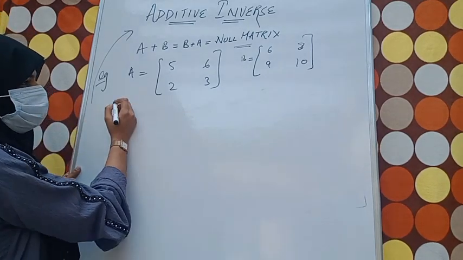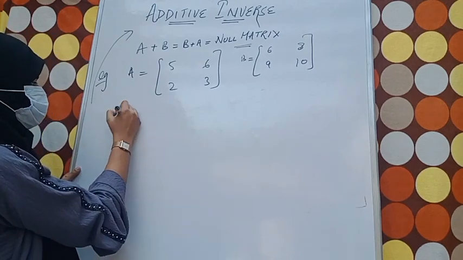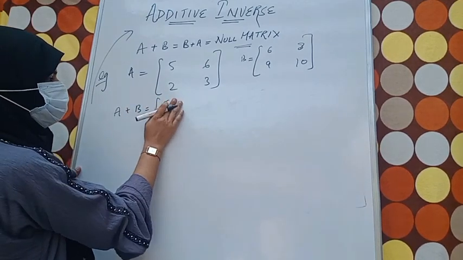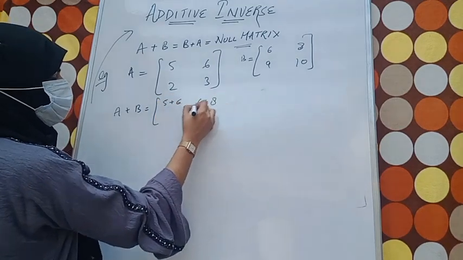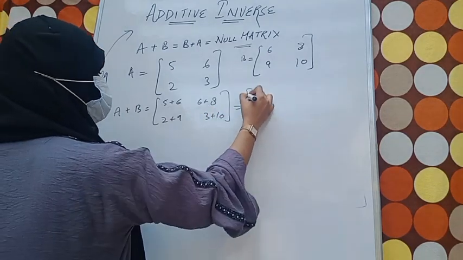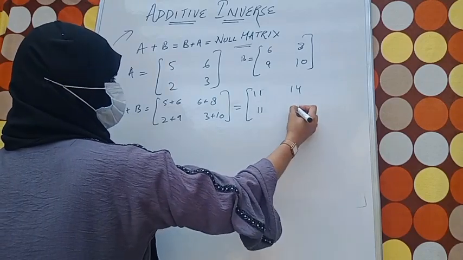As you can see, it will not satisfy the condition. A plus B, if we do it, will become 5 plus 6, 6 plus 8, 2 plus 9, 3 plus 10. What will it give? 11, 14, 11, 13.